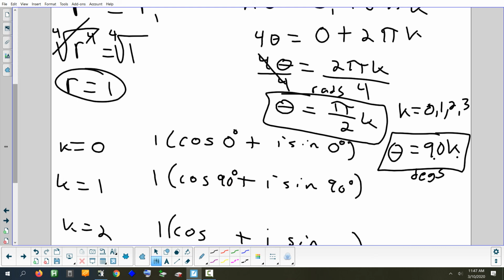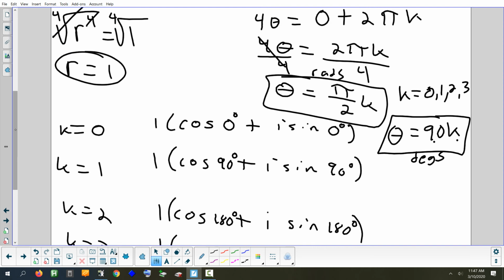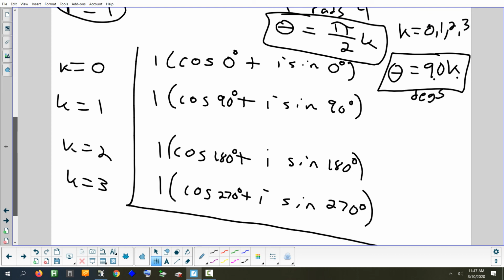What's 90 times 2? 180. 180 degrees. Last answer, k equals 3. What's 90 times 3? 270. So 270 degrees. And those are the 4 answers in trig form.